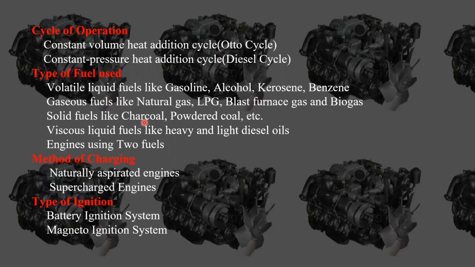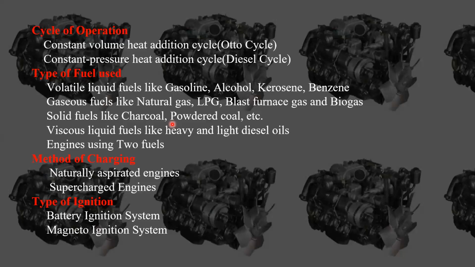Okay, next coming to the solid fuels. First of all, whatever solid fuels we are going to use, like charcoal and powdered coal, we have to first convert them into gases and then use them. Why?